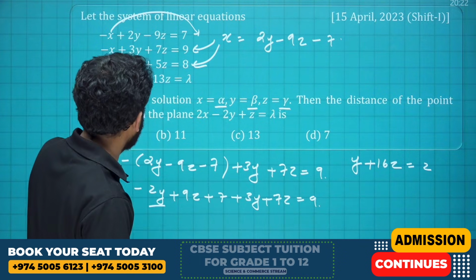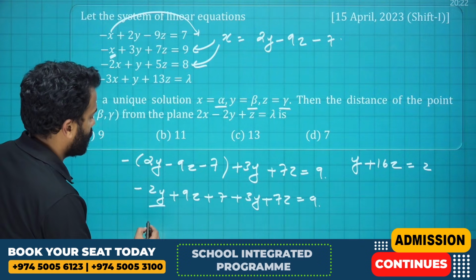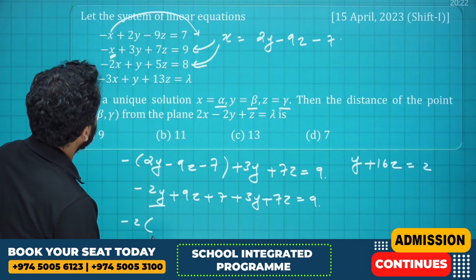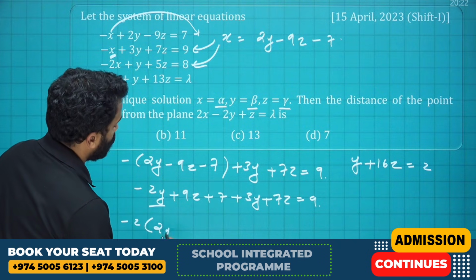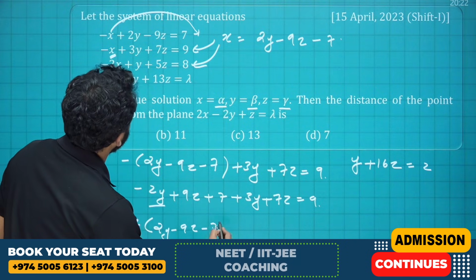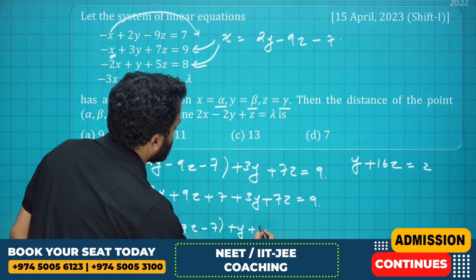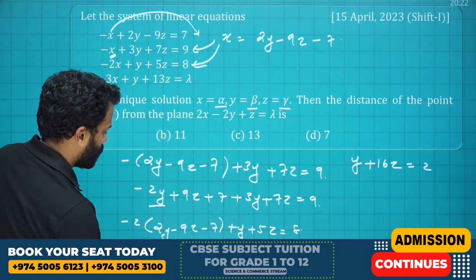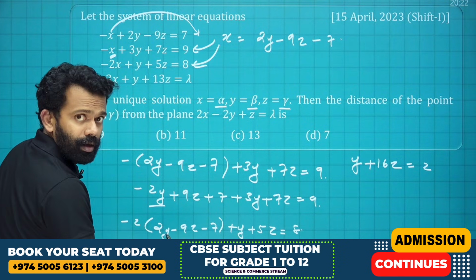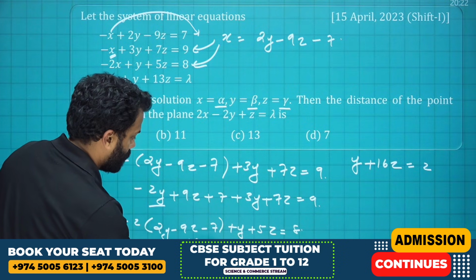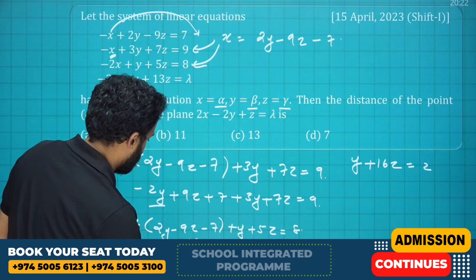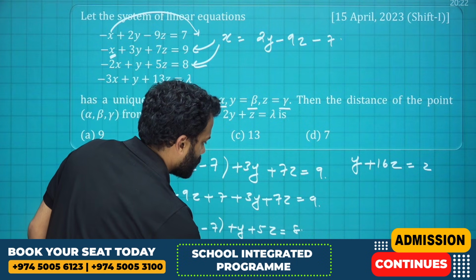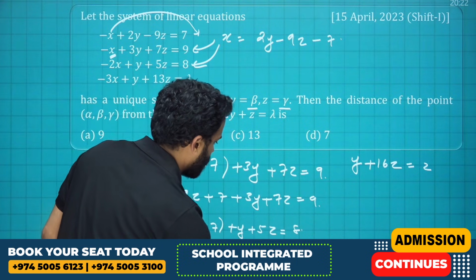I think that's all. And for the second one, here we have -2x, that is -2 into x, which is 2y - 9z - 7, plus y + 5z = 8. That is -4y + 18z + 14 + y + 5z = 8.